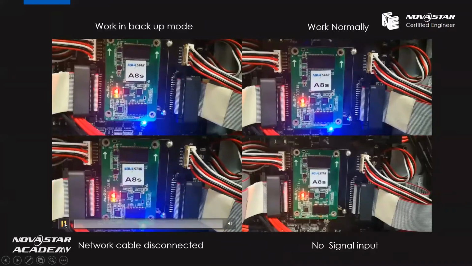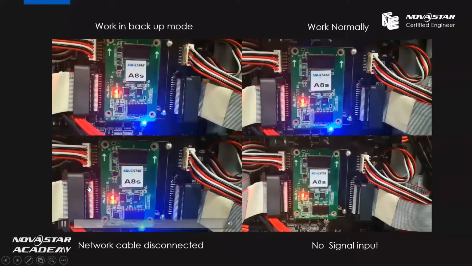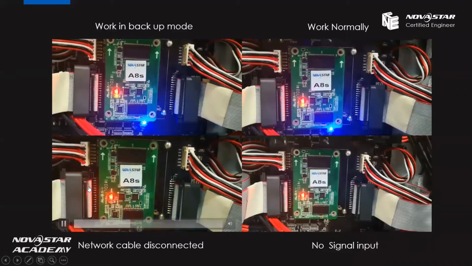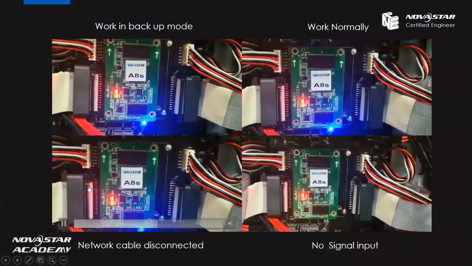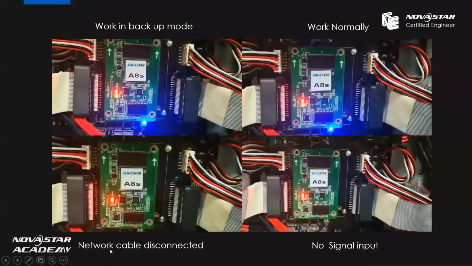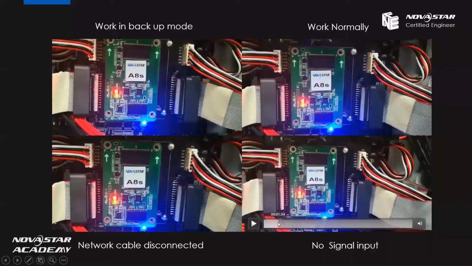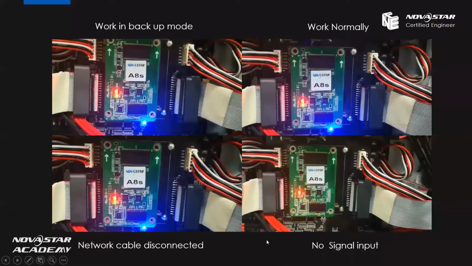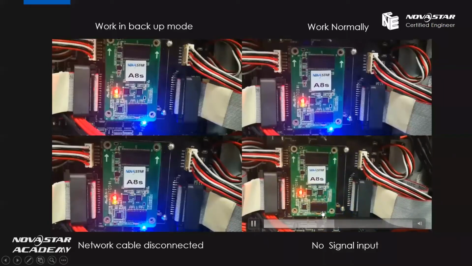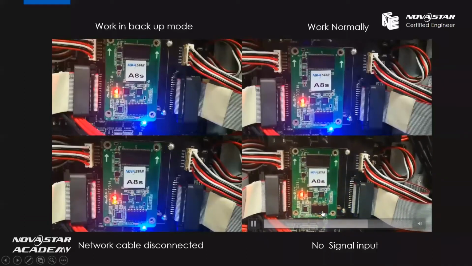And the third one, the green light flashes very slowly, once every 5 seconds. This means the network cable is disconnected. And the last one, the green light flashes 3 times in half a second. This means there is no signal input.